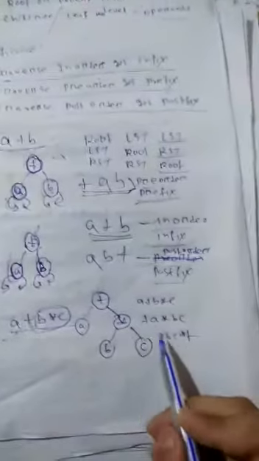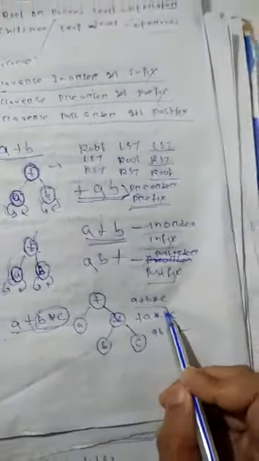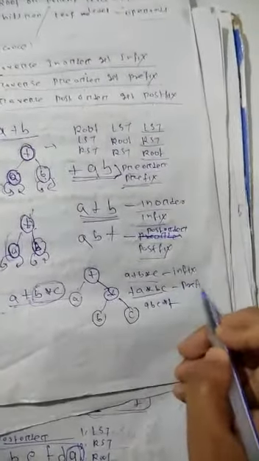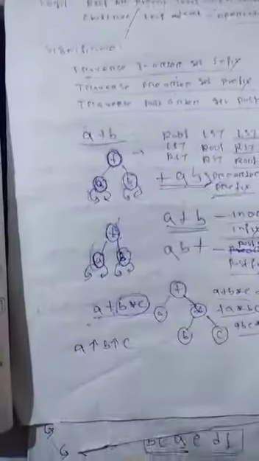Then if you perform the in-order, pre-order and post-order traversal, what happens? The in-order traversal of this tree gives the infix expression. The pre-order traversal of this tree gives the prefix expression, and the post-order traversal of this tree gives the postfix expression.